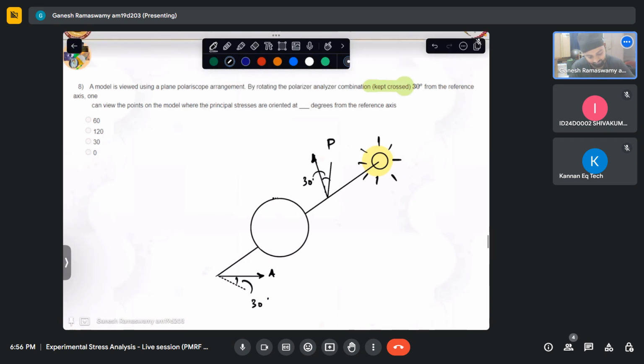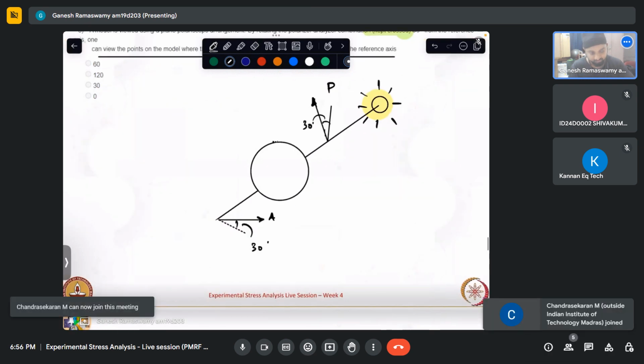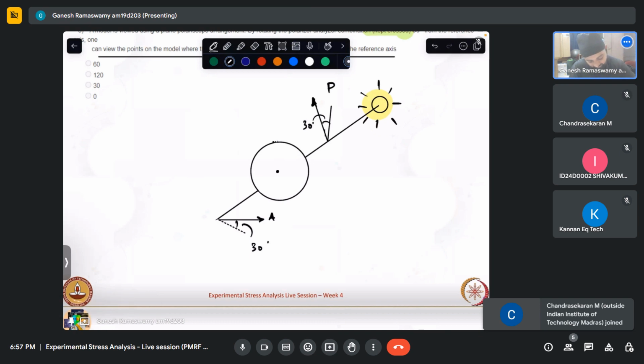One can view the points in the model where the principal stresses are oriented at dash degrees from the reference axis. So at some point, the fast and slow axis will be like that.